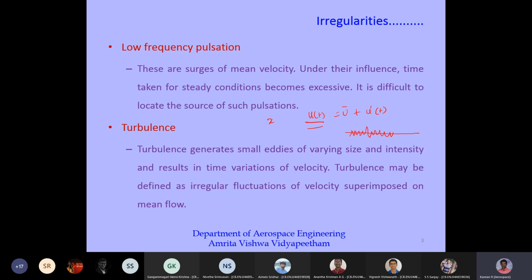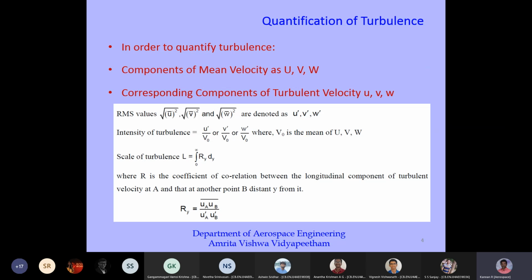You can even reduce the turbulence and recreate the turbulence for the required amount. That's what we used to do in the tunnels. And see here, the RMS values, you can't simply keep it as u dash. So what we do is take a square and root of that.